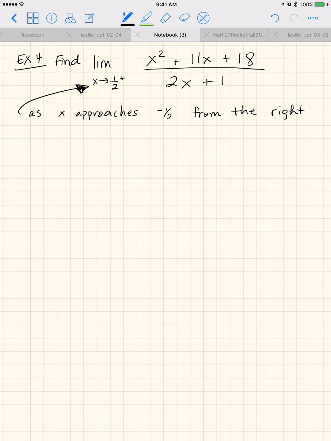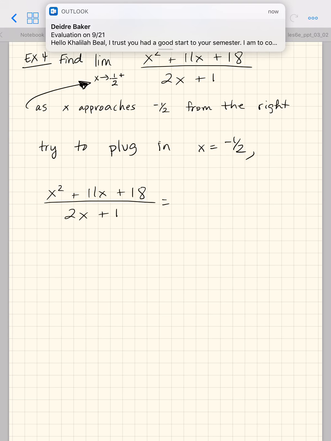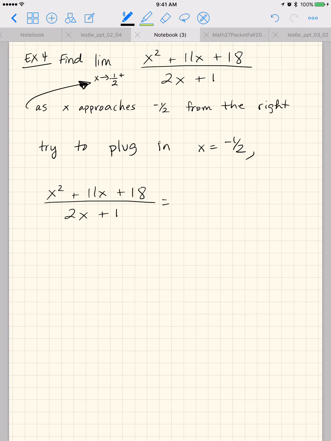If I try to plug in x equals negative 1/2, I would get negative 1/2 squared plus 11 times negative 1/2 plus 18, divided by 2 times negative 1/2 plus 1.